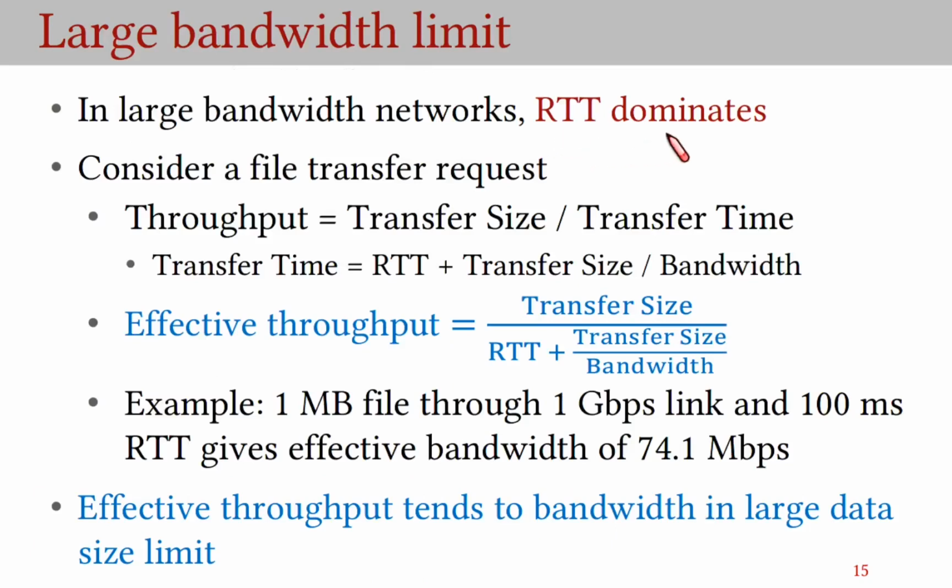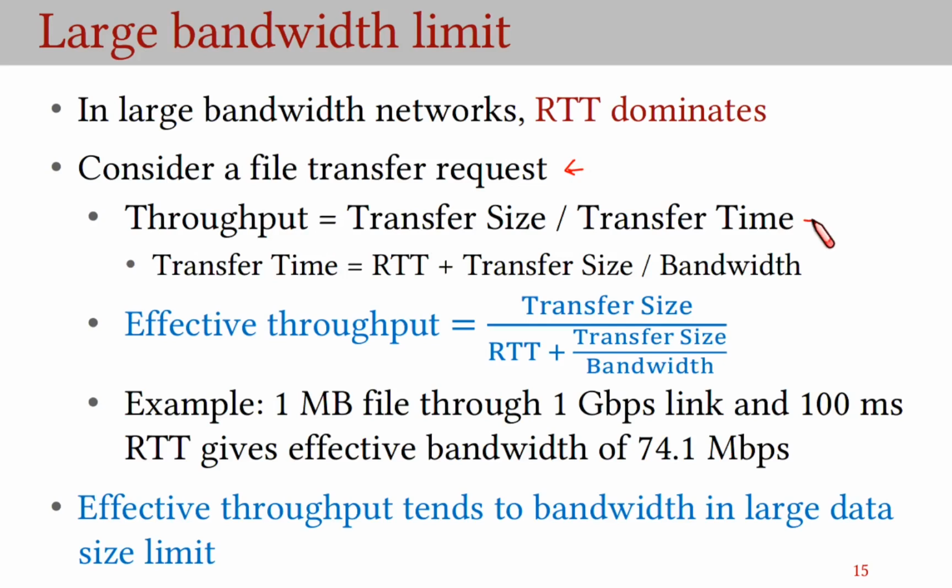To appreciate the effect of round-trip time on highest speed networks, let us consider an example of a file transfer request. We know that throughput is equal to transfer size divided by transfer time.